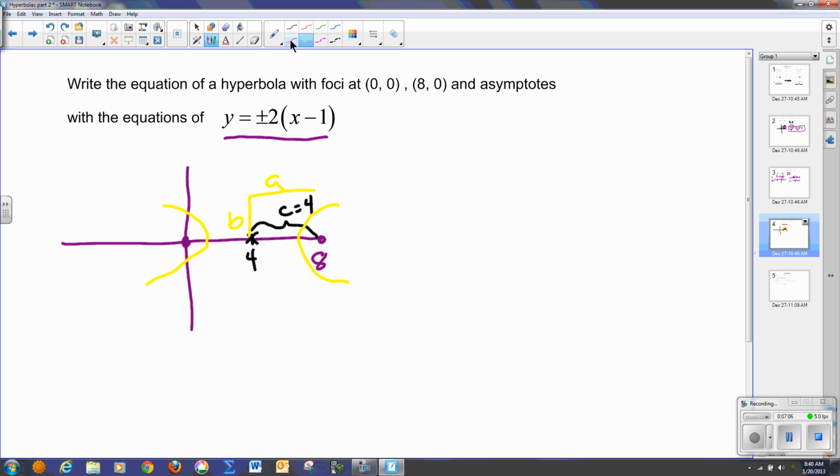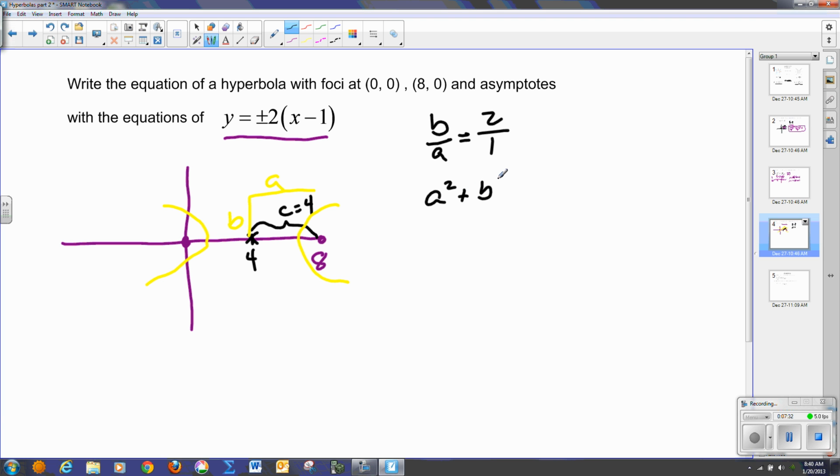So now I can state that B over A is the slope, and it's in ratio of a rise, once again, of 2 over a run of 1. So let's see what I have once again. I have a C value of 4, so now I have a relationship between A squared, B squared, and C squared.